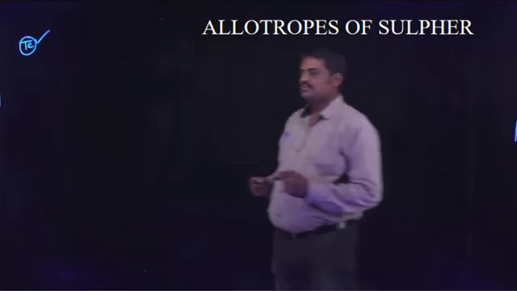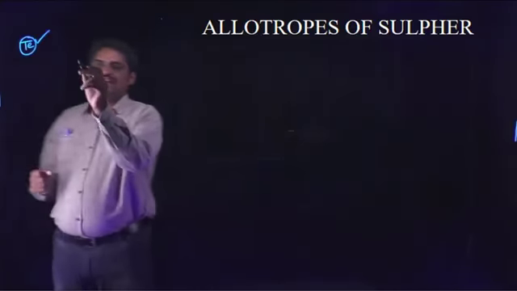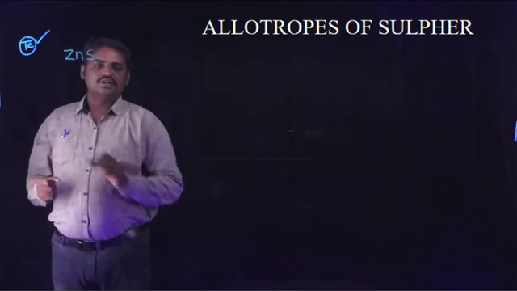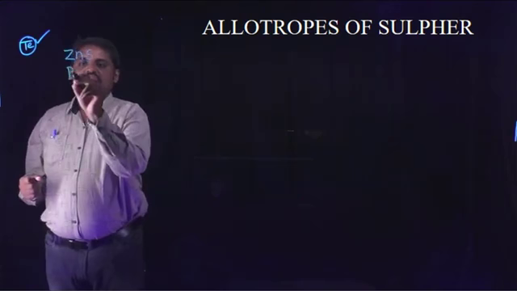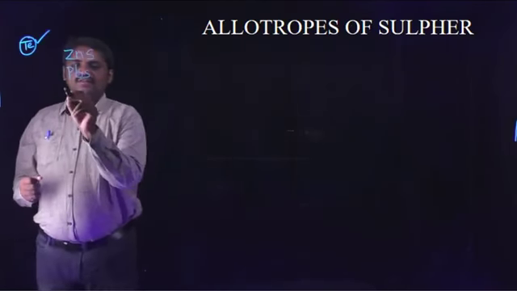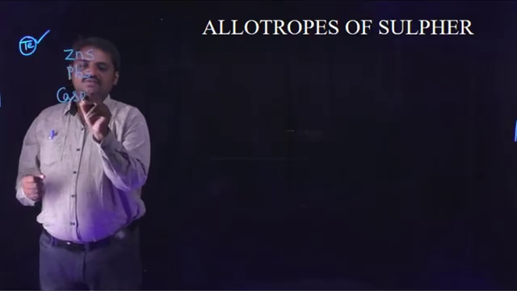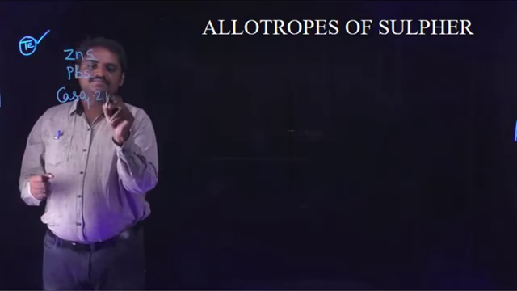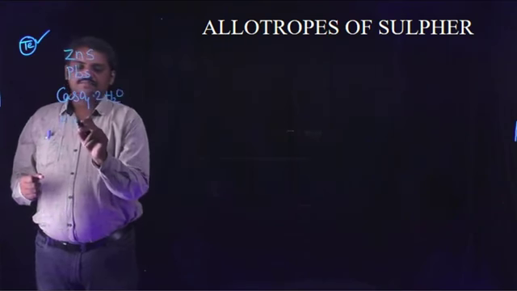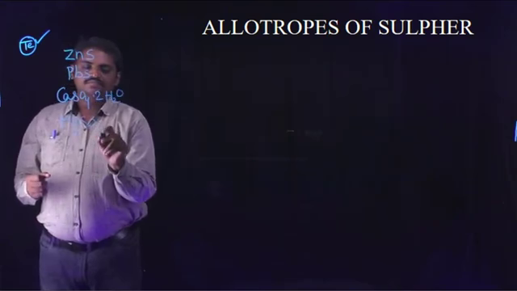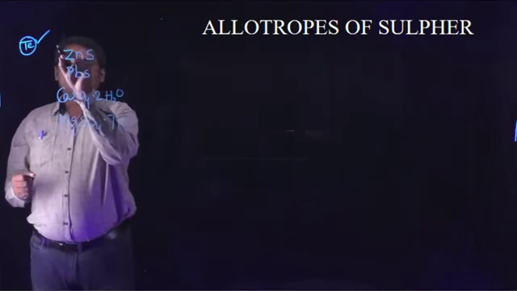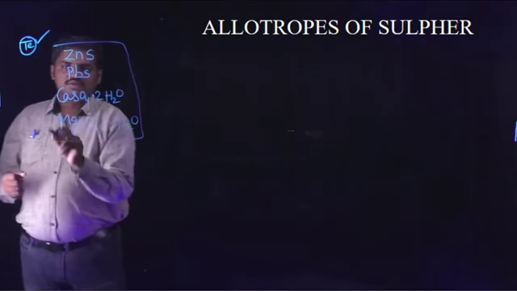For example, sulfur is available in nature in different forms: zinc sulfide, lead sulfide, gypsum, and epsom. These are the different sources of sulfur.